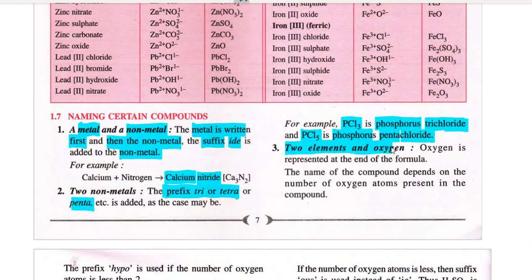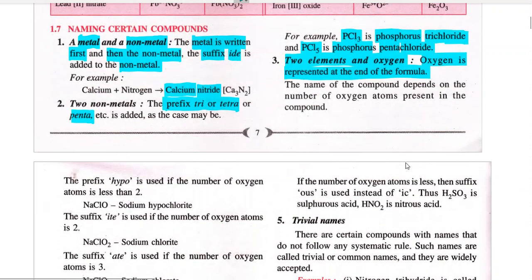Then two elements and oxygen. Oxygen is represented at the end of the formula. That is one rule. The name of the compound depends on the number of oxygen atoms present in the compound.